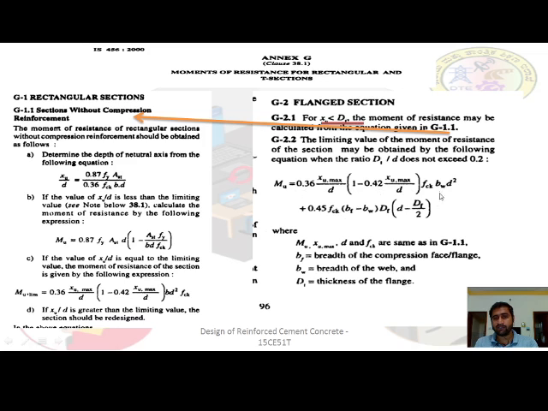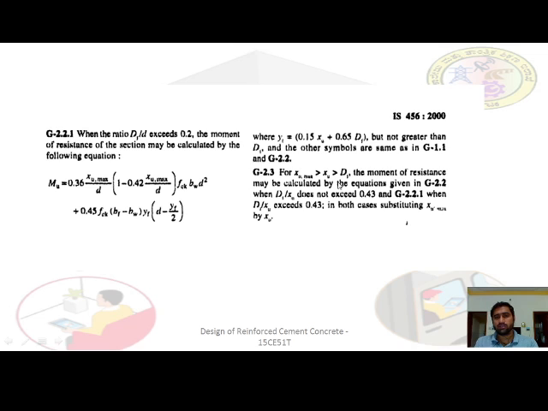This equation we will use, but replace XU max by XU. And G 2.2.1 is used when DF by XU exceeds the 0.43 value. I have shown this link, you can use it directly.